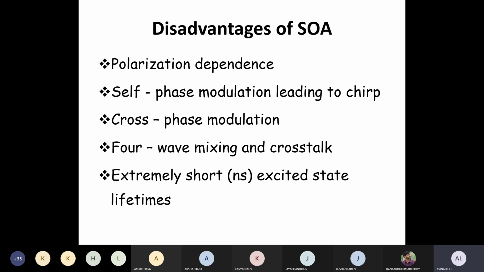All these are very common, so we need to take care of them. Disadvantages two, three and four are all interrelated: since we are doing self modulation, it leads to chirp; cross phase modulation might happen; and since it is already in a single box, four wave mixing and crosstalk may also happen.